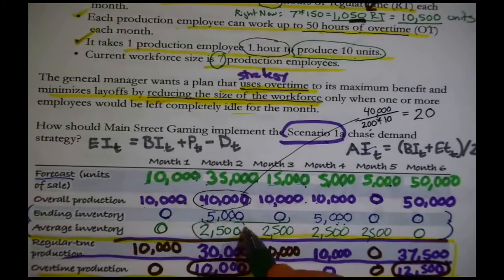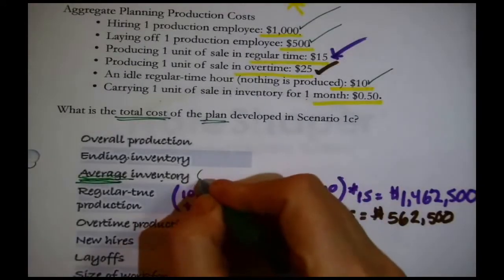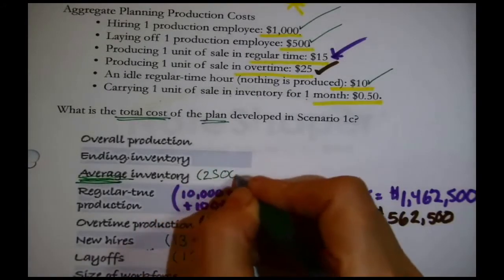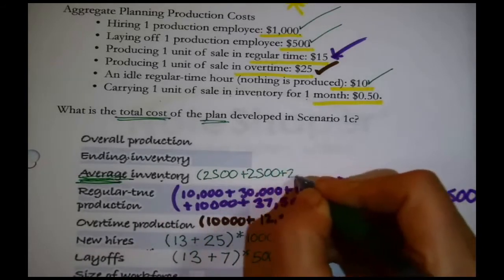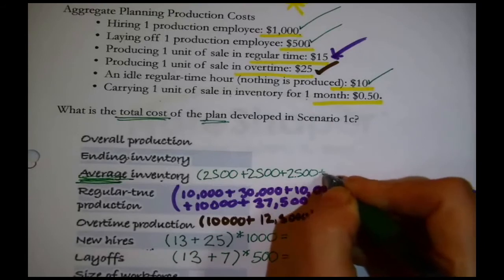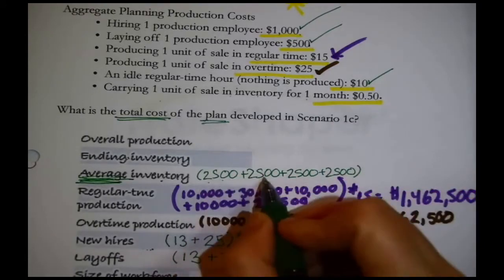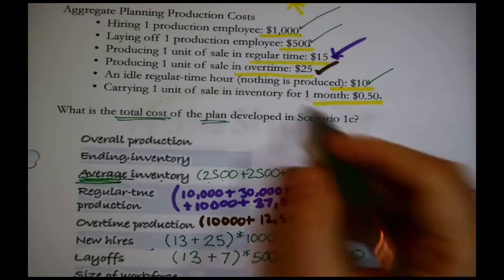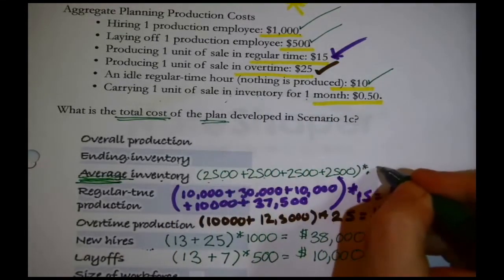We carried an average of 2,500 here for 4 months. So we say 2,500. I will go ahead and write it like it's a sum. I mean, you could say 2,500 times 4. But there are 4 months of carrying 2,500 for a month, and each one is costing you 50 cents.